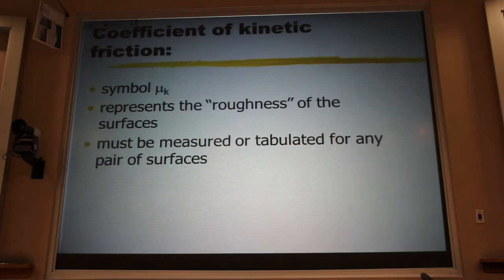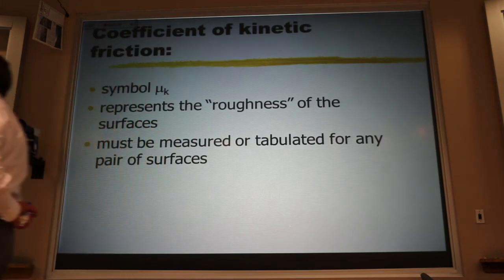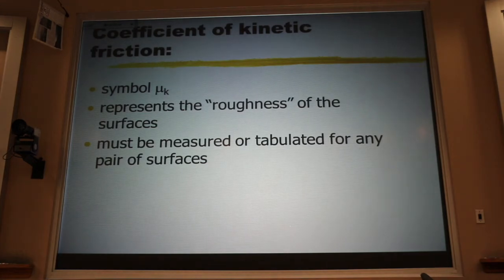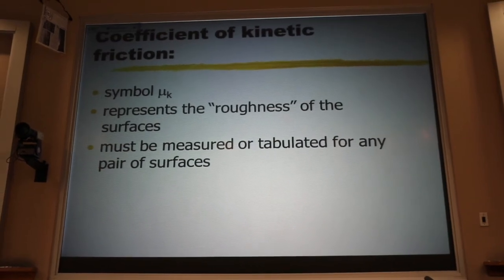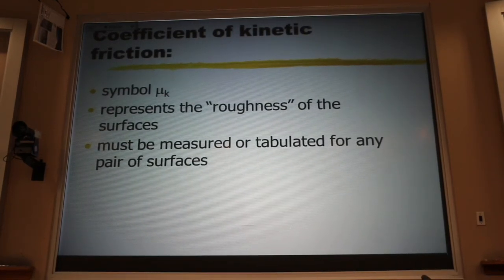It turns out there is no supercomputer on the planet that is powerful enough to calculate one of these coefficients. Every single mu has to be measured by some poor engineer that actually does a measurement between hockey puck and ice, and now I'm going to do sandpaper and wood, now I'm going to do a different kind of sandpaper and wood. It's got to be the most boring job in the world.